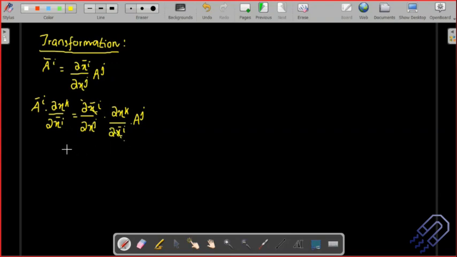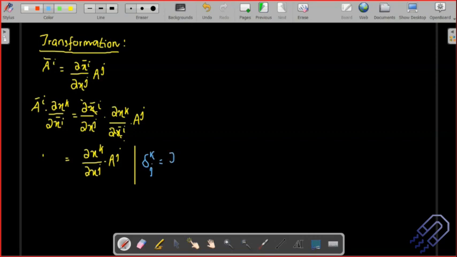So maybe you can just show it here. If I just write it down this way, this is equal to del xk divided by del xj into aj. Okay, now we know the definition of the Kronecker delta, right? So if we go to the definition of the Kronecker delta, delta kj depends on what is the component that you are considering.